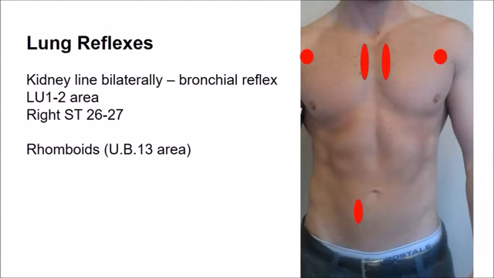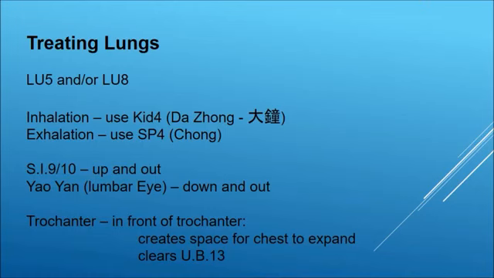Many lung types will have pressure pain on lung 10. Recall that we take lung 10 right behind large intestine 4, so it is on the thenar eminence flesh and not on the bone edge where TCM takes it. The treatment for the lung type will always involve lung 5 or lung 8 or both if lung 10 is painful on that side.